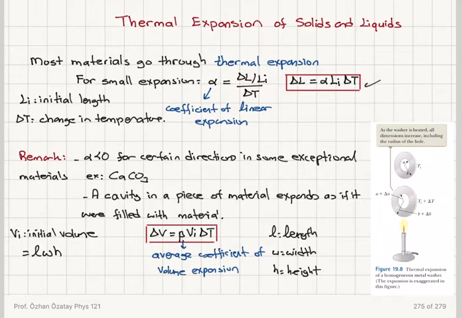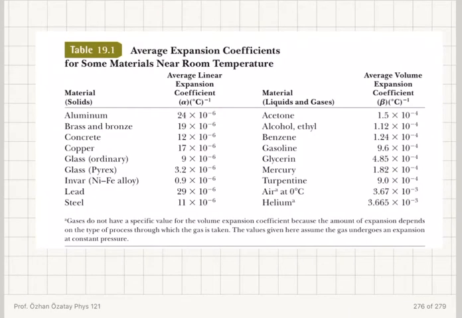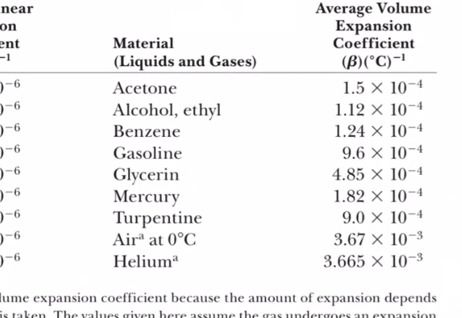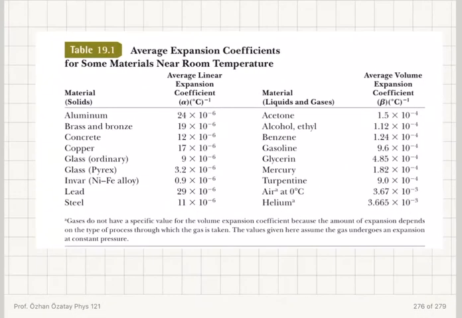And when I heat this material, it has a final volume, V initial plus delta V, and this final volume will simply be L plus delta L, the new length, the new width, W plus delta W, times the new height, H plus delta H. Okay, so let's take this calculation to the next page. And here I would also like to show you average volume expansion coefficients. They're of the order of 10 to minus 4, 10 to minus 3 for typical materials.